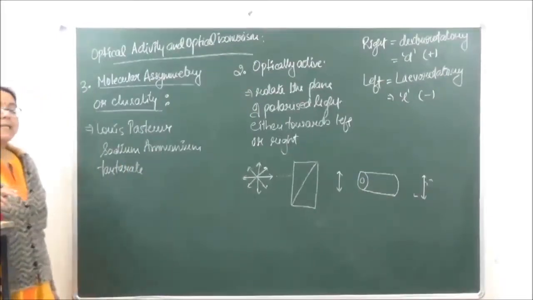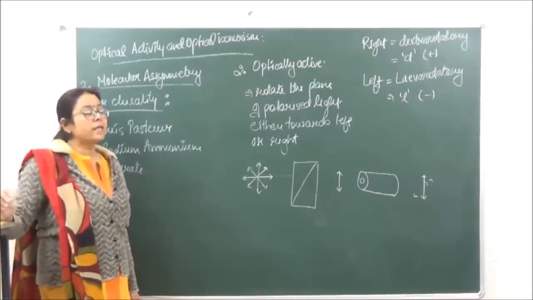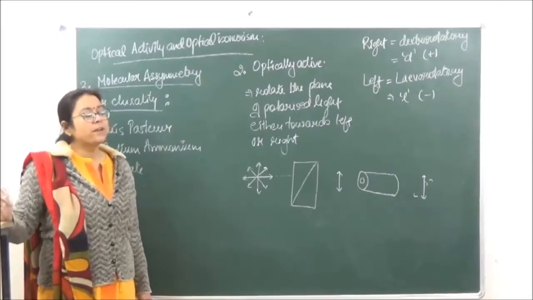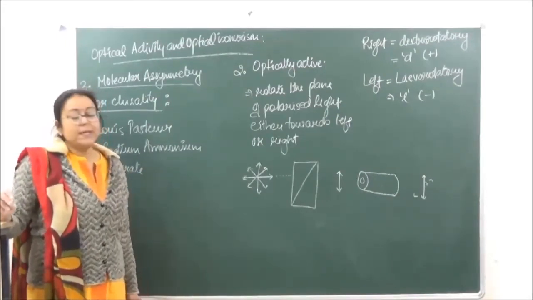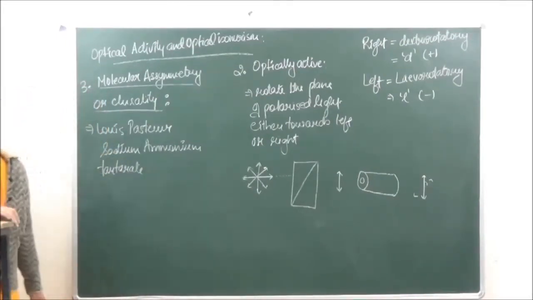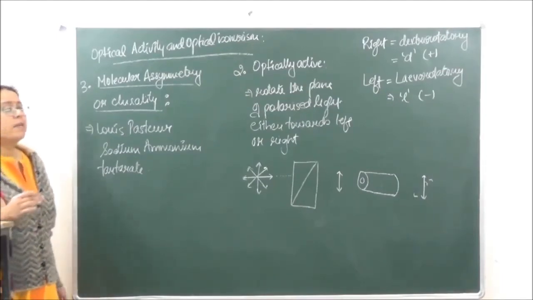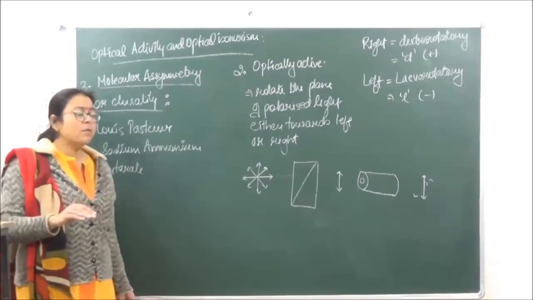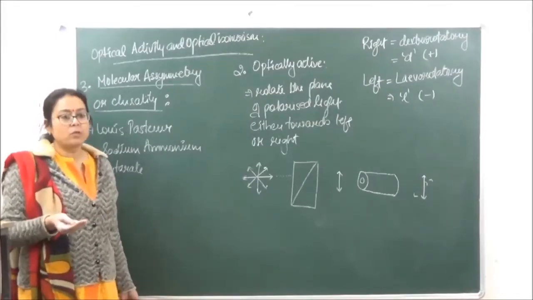He saw that they existed in two forms which were mirror images of each other. So he said that there are certain substances which are mirror images of each other, but if you try to superimpose them on one another, they are non-superimposable.